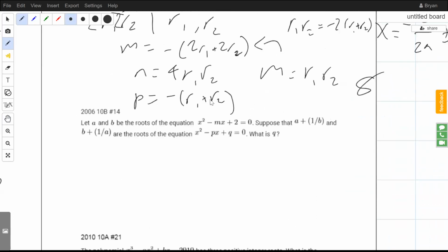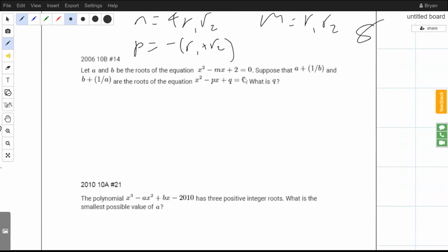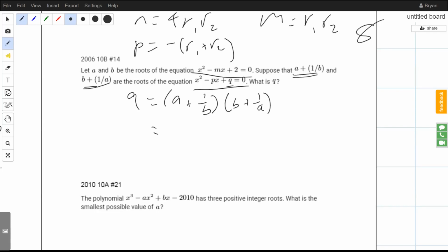next problem. A and B are the roots of this equation right here, and suppose that A plus 1 over B and B plus 1 over A are roots of this equation. So we want what is Q. Q is going to be the product of the roots of this equation, which are A plus 1 over B and B plus 1 over A. If we simply FOIL it out, it's going to be AB plus 1 plus 1 plus 1 over AB.